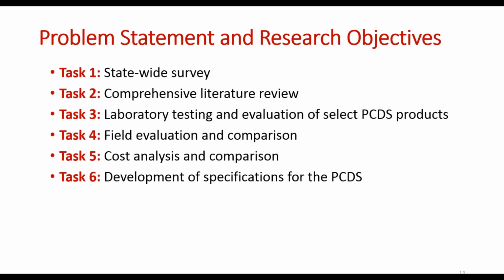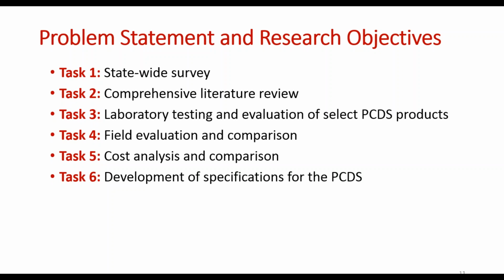So this project is to help ODOT assess the effectiveness of these two systems, and hopefully we can come up with new specifications for the second proposed system. So here we took 6 tasks. The first one is to do a statewide survey regarding the performance of the current systems and identify some potential issues.